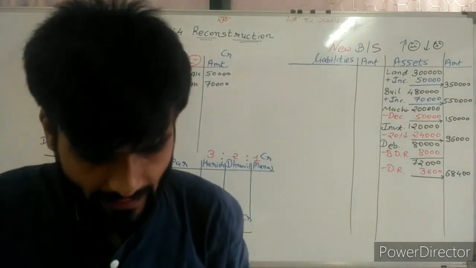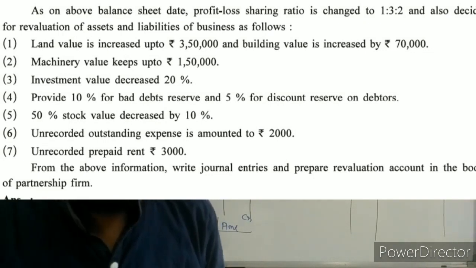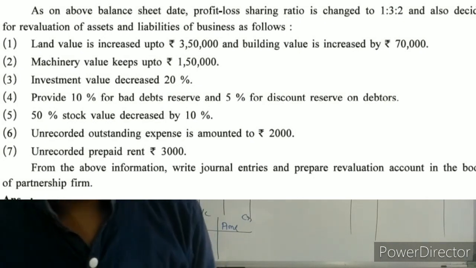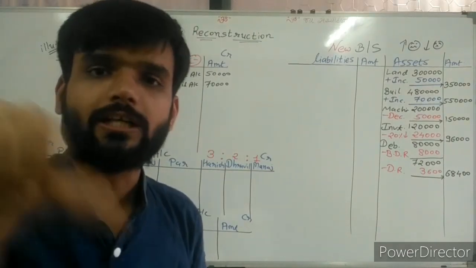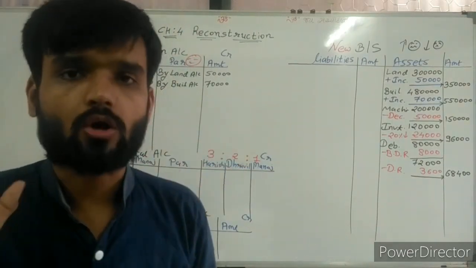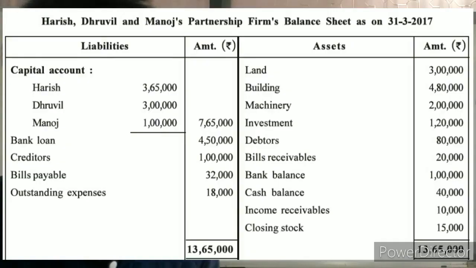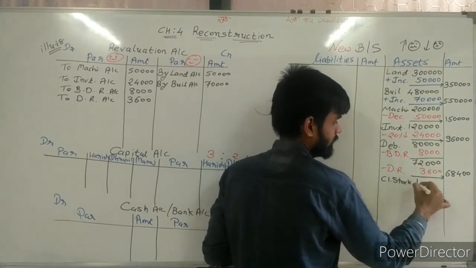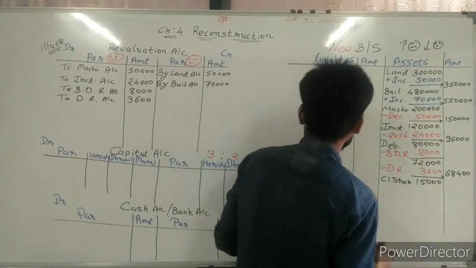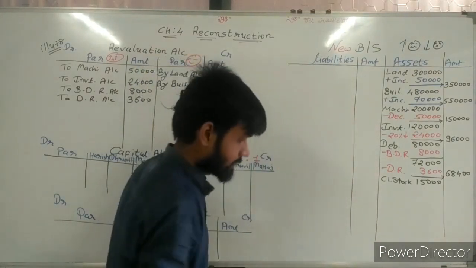Now next, adjustment number 5. 50% of stock value decreased by 10%. Stock value is decreased by 10%, but only 50% of the stock decreases, not the whole stock. So first of all, I am writing whole closing stock, 15,000. Now I do some calculation here.